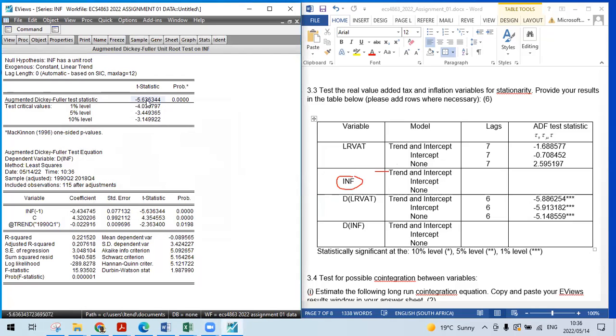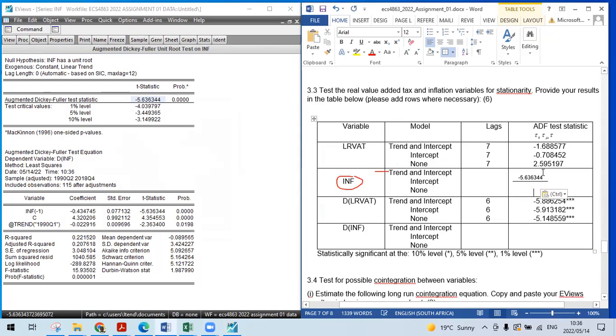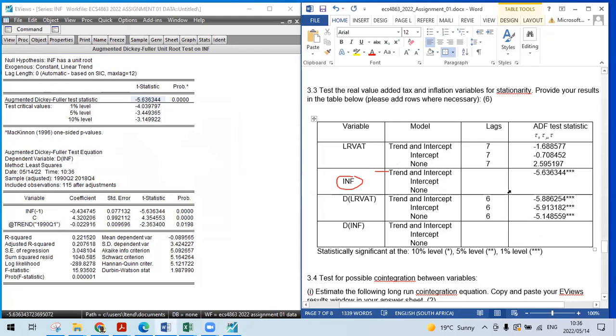I click here, it's -5. Can you see that this -5 is less than all these ones? So how many stars are there? 3 stars. And the lag length? 0.